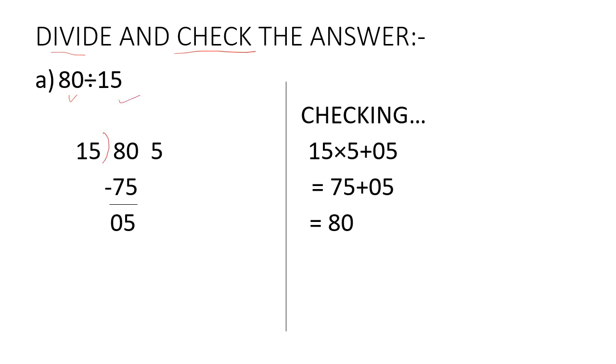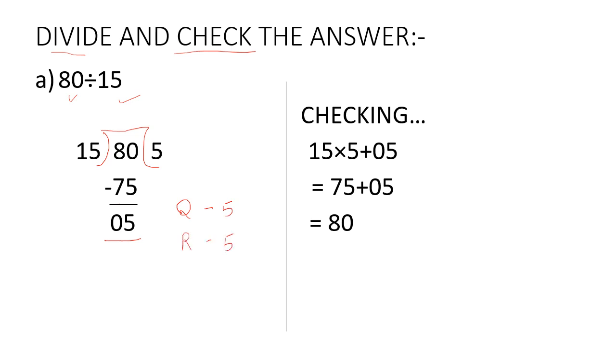So when you divide, 15 times 5 is 75 and after subtracting you get the remainder 5. So here quotient is 5 and the remainder is also 5.